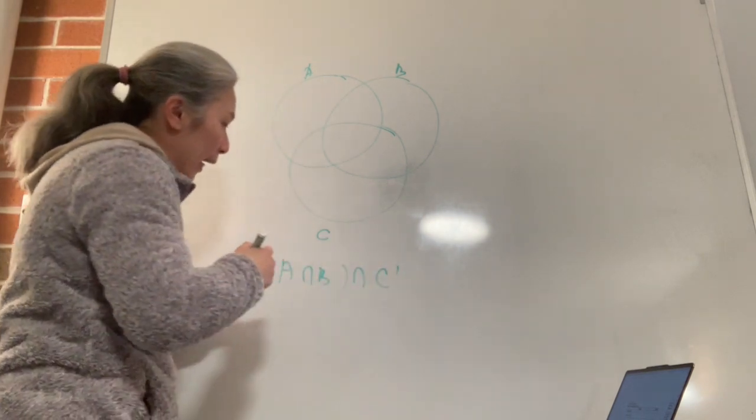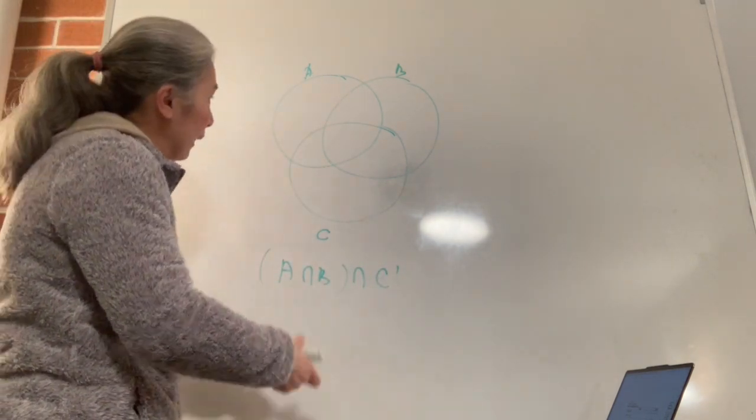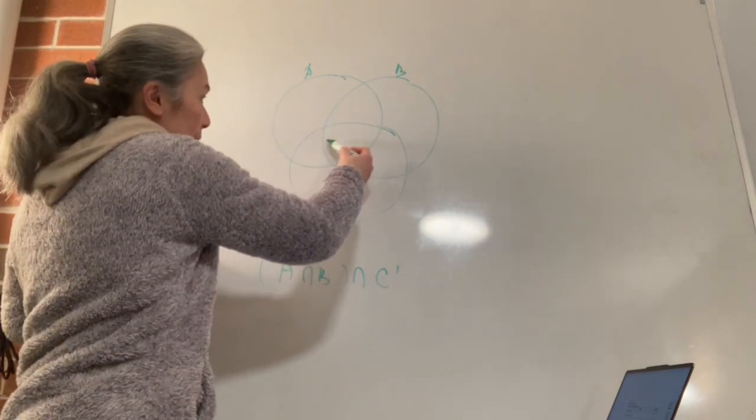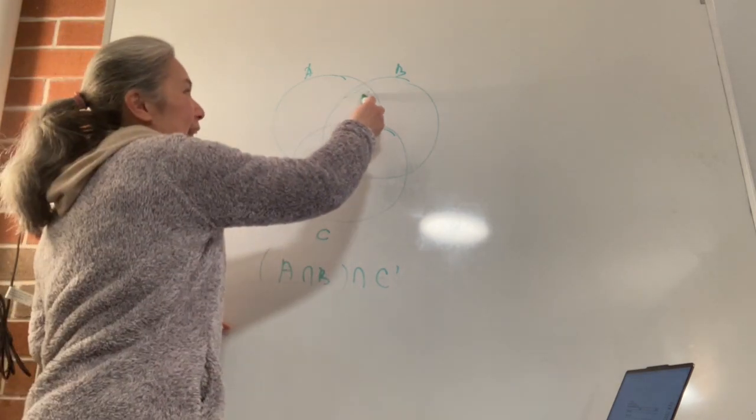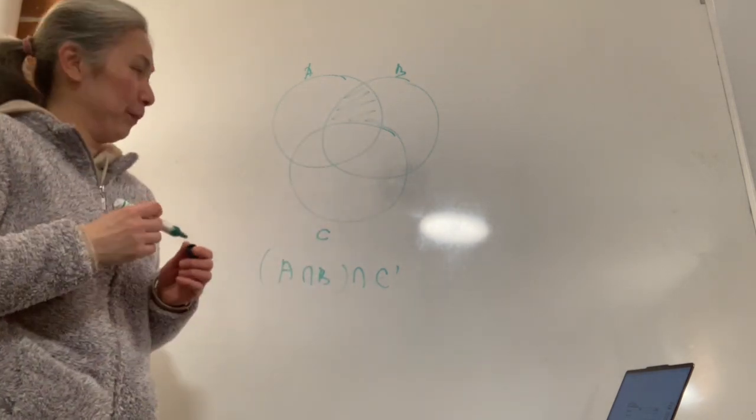Intersect not C. A intersect B is this one. Yeah, that one. But then you take everything outside of the C. So yes, this is the one.